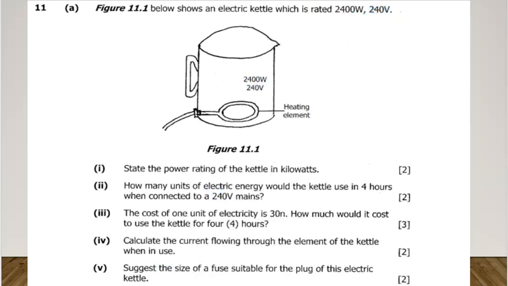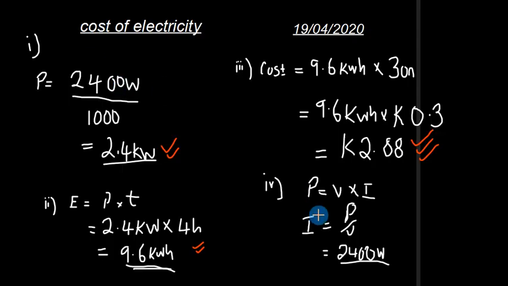So we go back to our board. We divide this by 240. If you compute, you get 10 amps, because 0 and 0, and 24 into 24 is 1. So our answer is 10 amps.